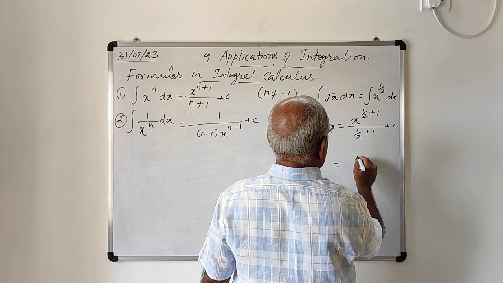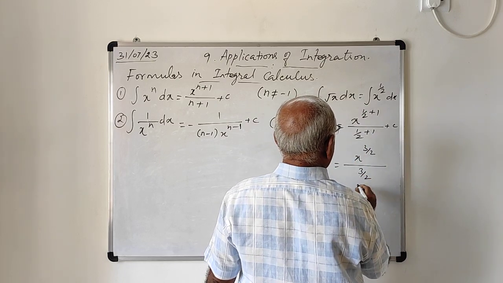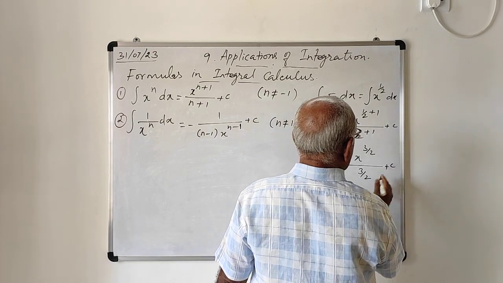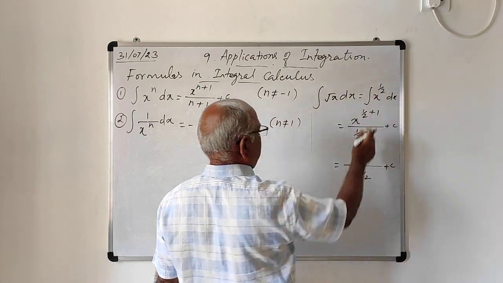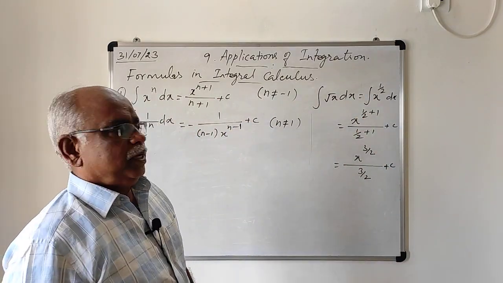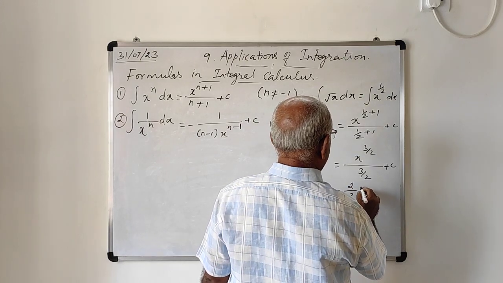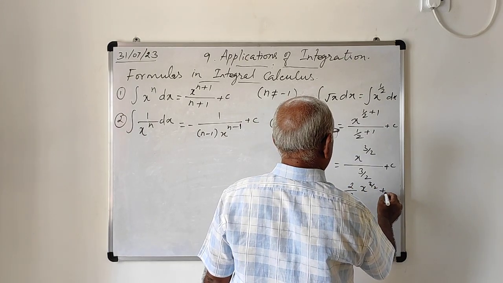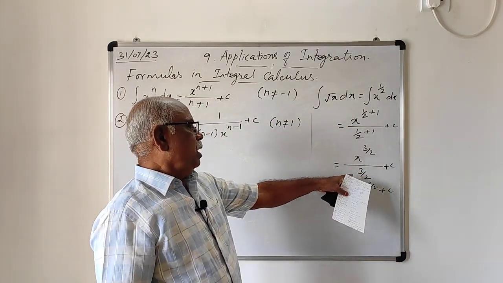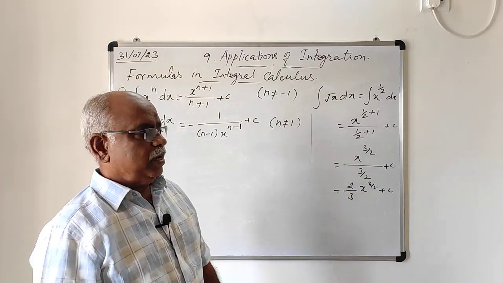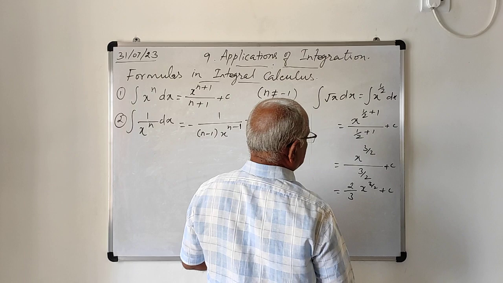That is x power half plus 1 by half plus 1, which is x power 3 by 2 by 3 by 2 plus c. You can write this as 2 by 3 into x power 3 by 2 plus c. If you bring the 3 by 2 into the numerator, it becomes 2 by 3 into x power 3 by 2 plus c. Okay?